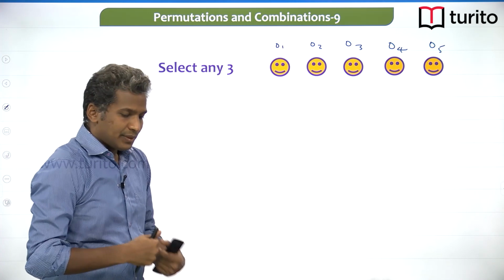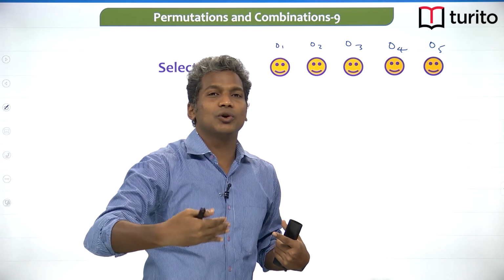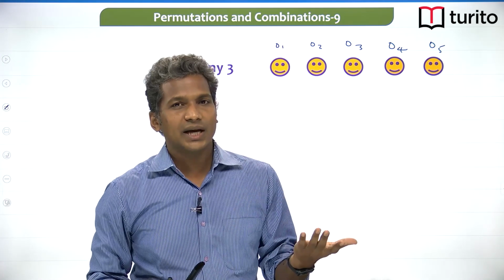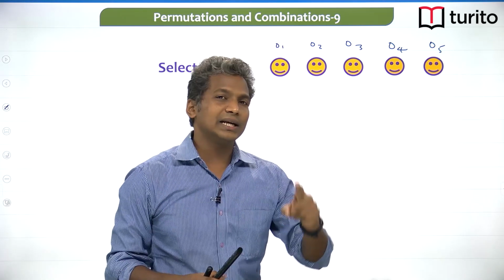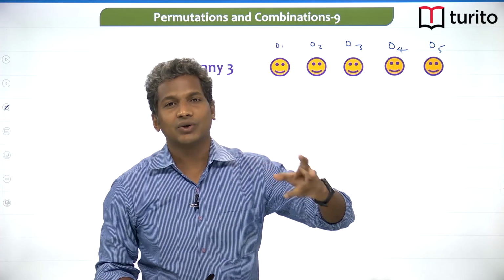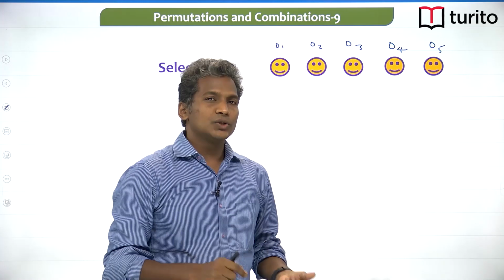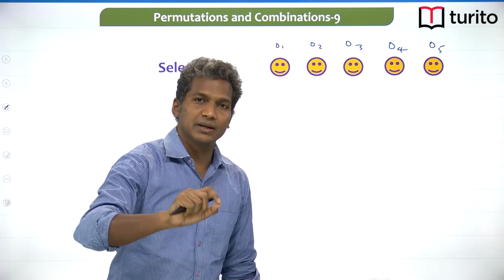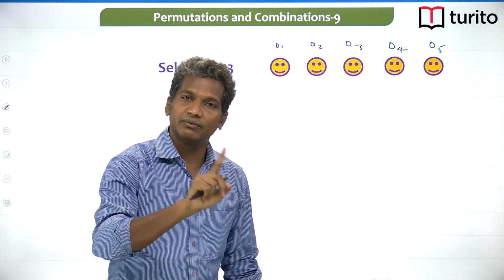Now when we give the choice to the objects, every object has only 2 choices. Either it gets selected or it does not get selected. We will represent selection with 1 and no selection with 0.